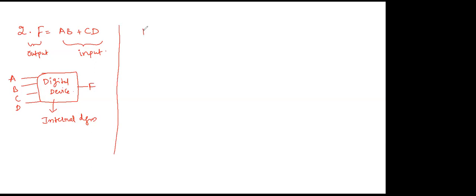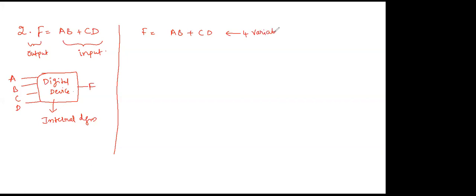What I am doing: F is equal to AB plus CD. First, minimize the given Boolean expression into two variables only. How many variables do we have here? A, B, C, D, totally four variables.